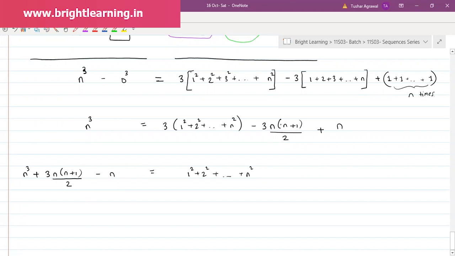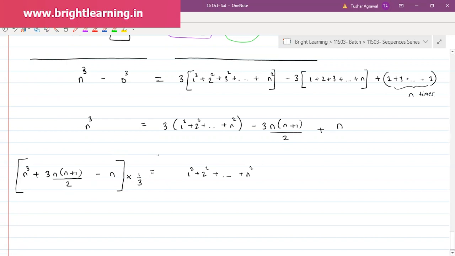I just brought these terms from the right hand side to the left hand side. And this complete thing will be divided by 3. It's multiplied by 1. Yes or no?